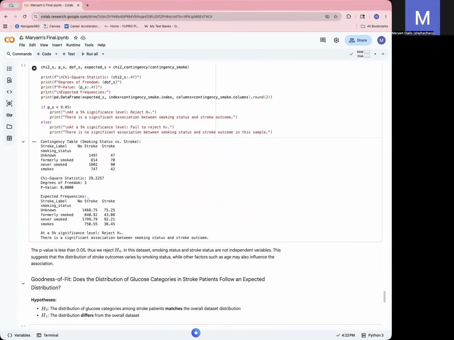And as you can see, there is a significant association. So the p-value is less than 0.05, thus we rejected the null hypothesis. So smoking status and stroke are not independent variables.